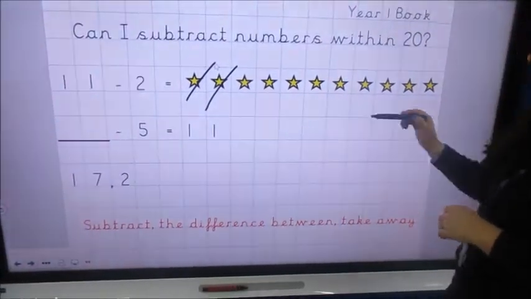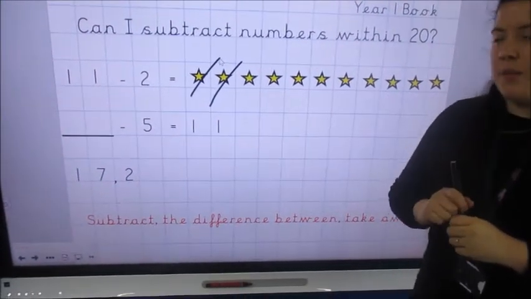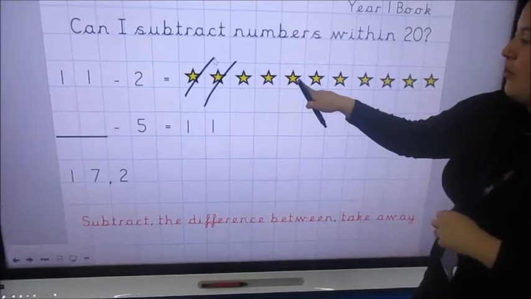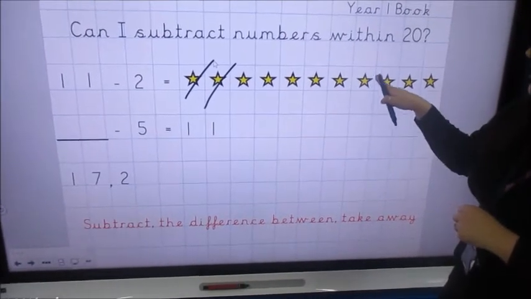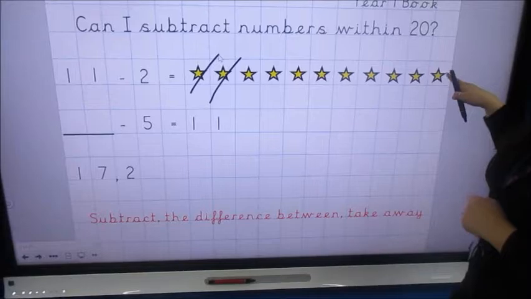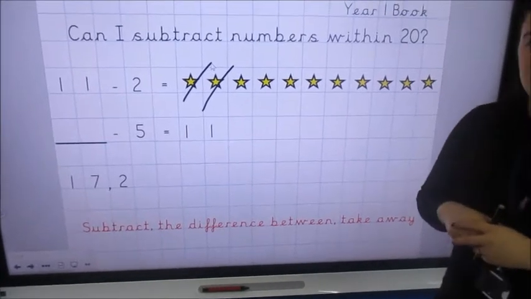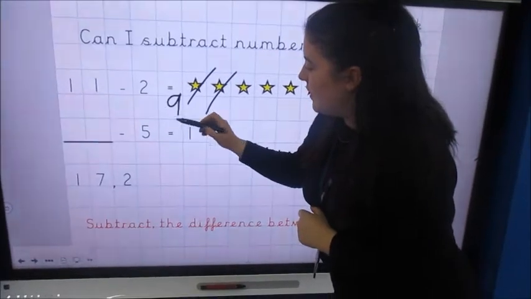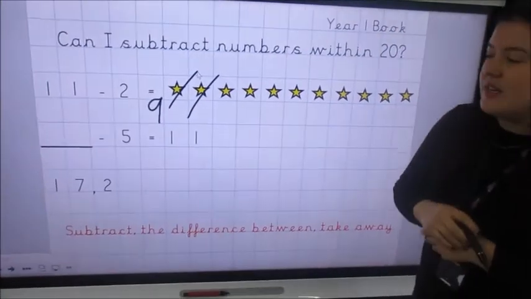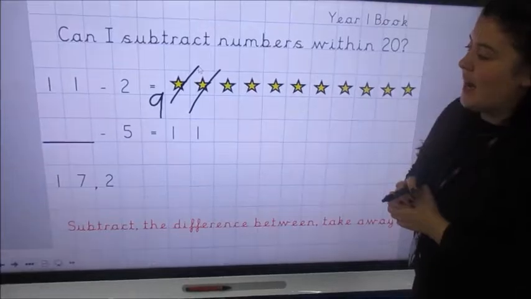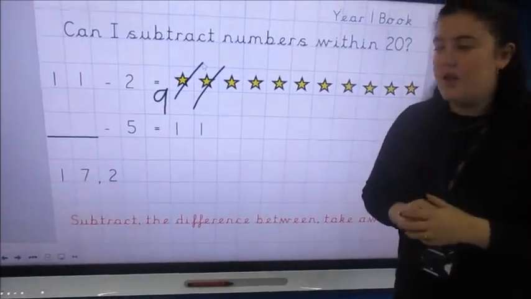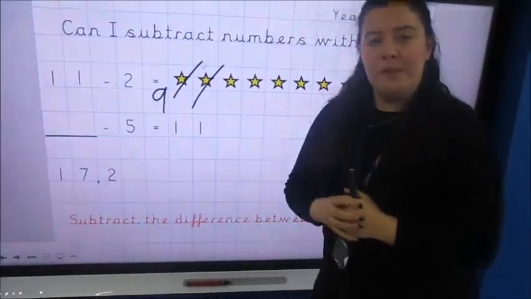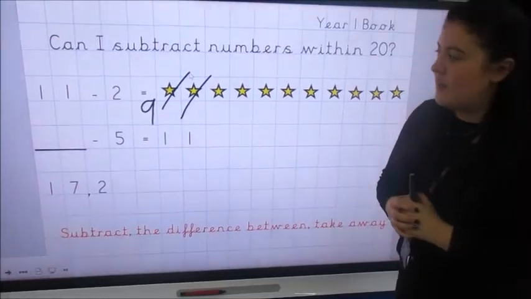And how many have I got left? Count them with me. 1, 2, 3, 4, 5, 6, 7, 8, 9. So my answer is 9. Brilliant. Okay, 9. 11 take away 2 equals 9. Is my answer smaller than my first number? It is, so I know it's on the right track.